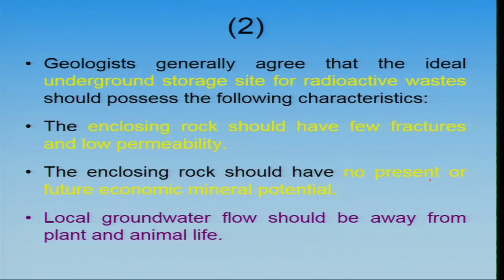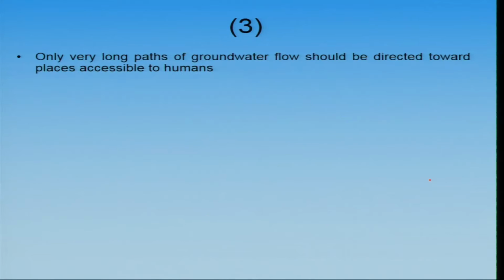Local groundwater flow should be away from plants and animal life. Only a very long path of groundwater flow should be directed towards the places accessible to humans, so that it eventually gets purified until it reaches the groundwater where human settlements are.